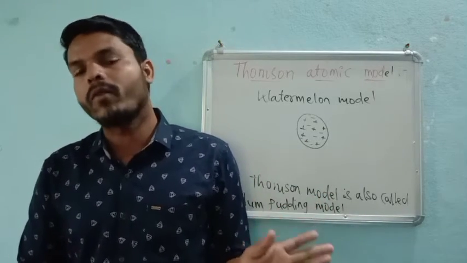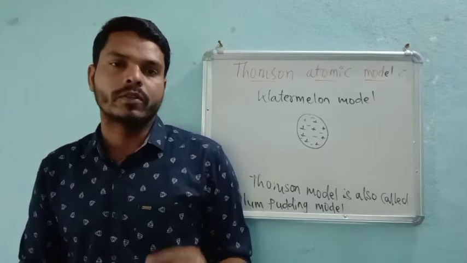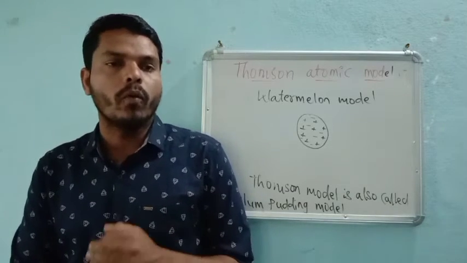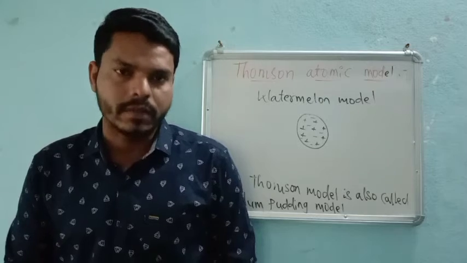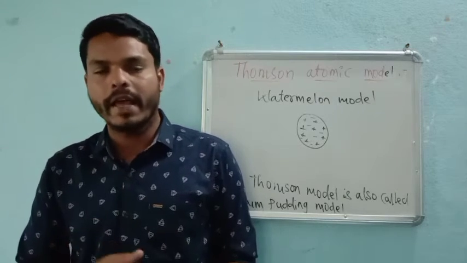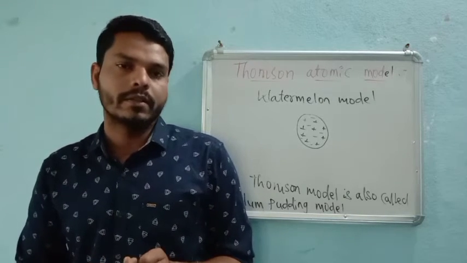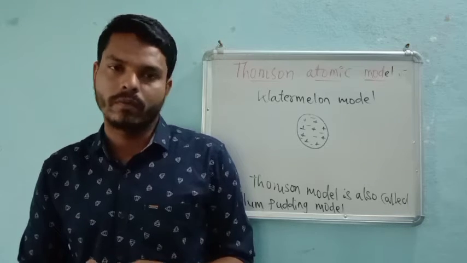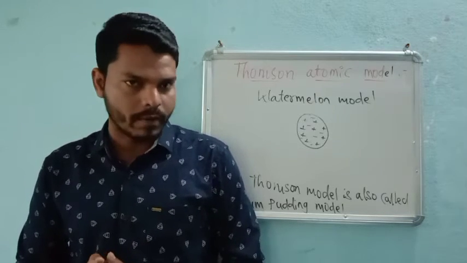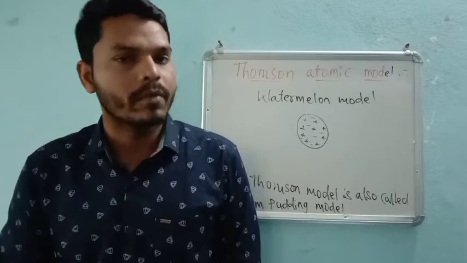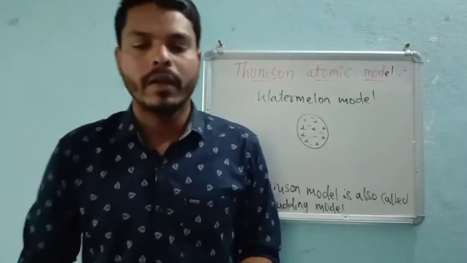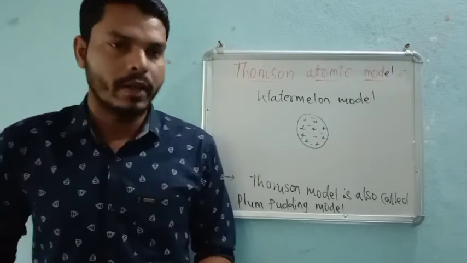And this model completely failed. Why? Because this model has no experimental evidence. If it had experimental evidence, then definitely this model would be very successful, but he couldn't provide it. That means he has not given experimental evidence.